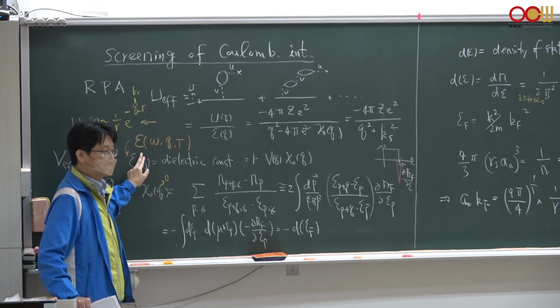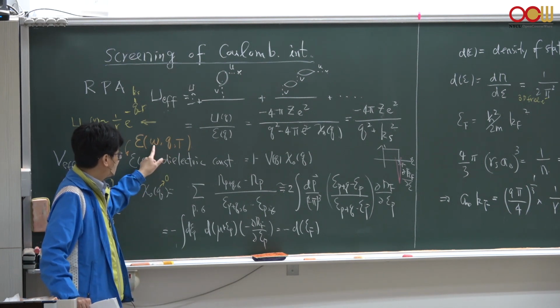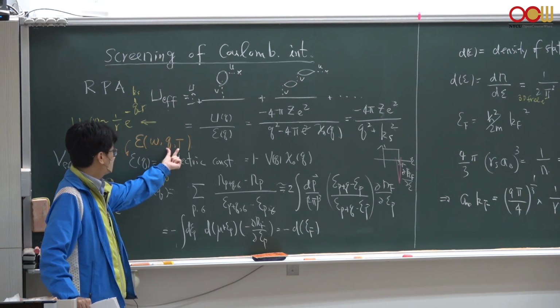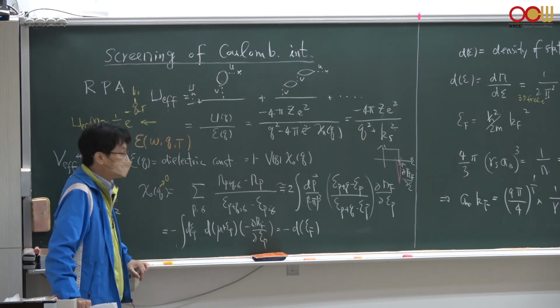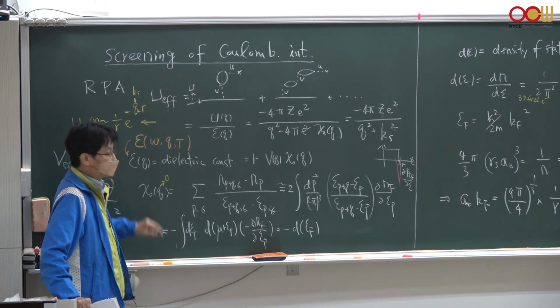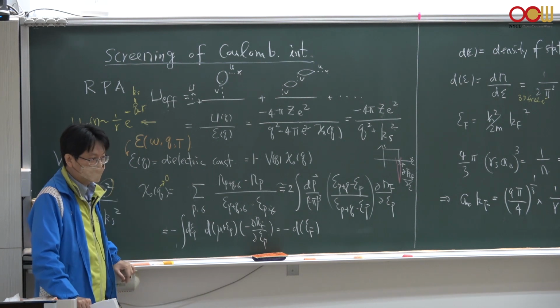So this dielectric function is, in its most general form, a complicated function of omega, q, and T. We just study the q and T dependence of that dielectric function, but in general we could study the omega dependence.